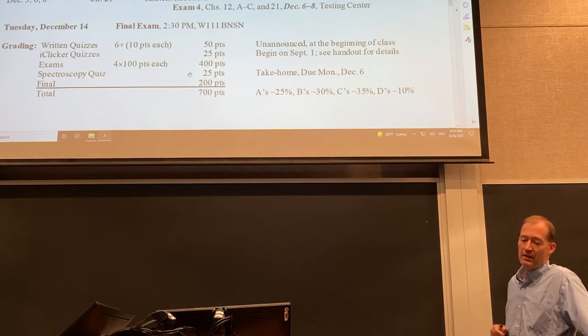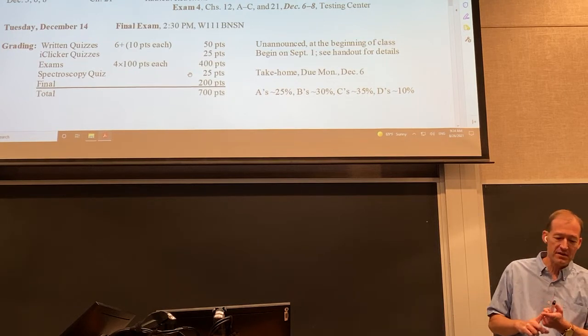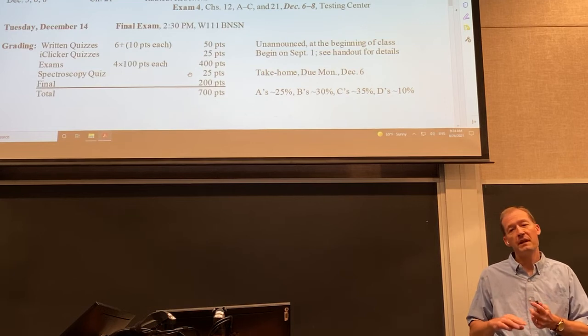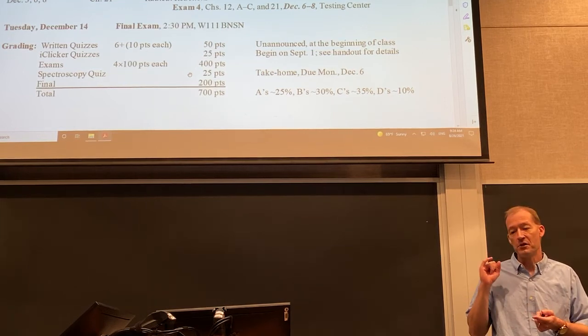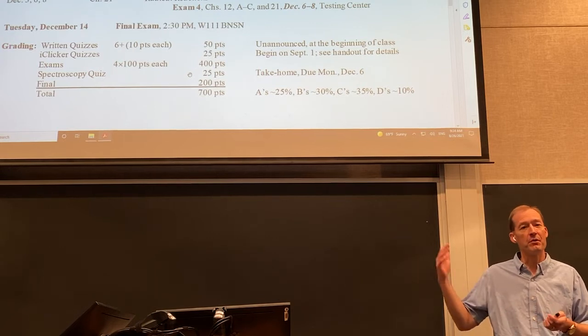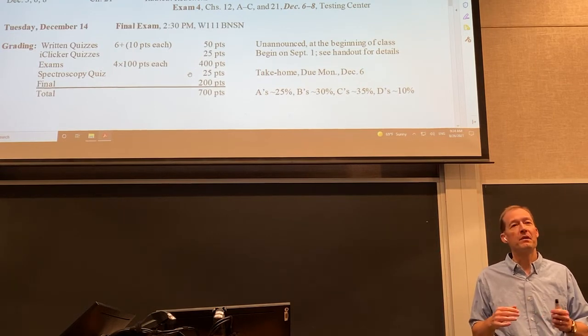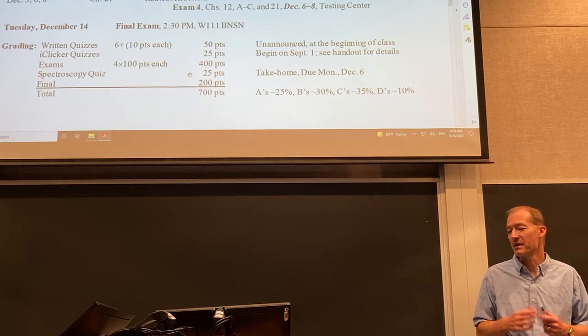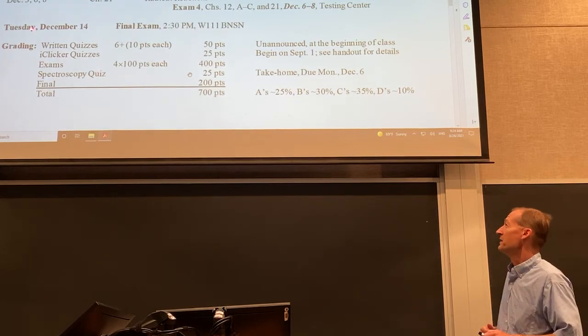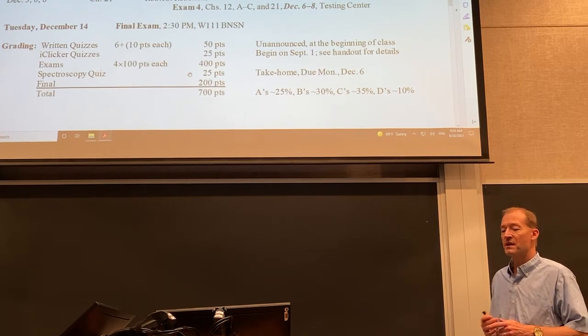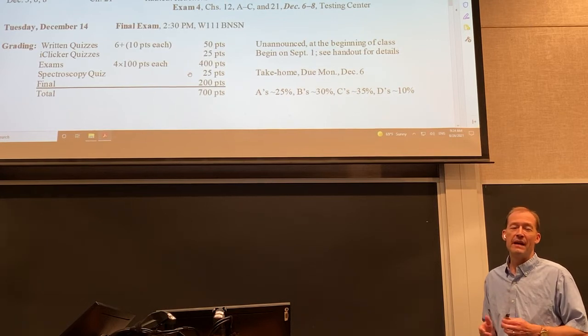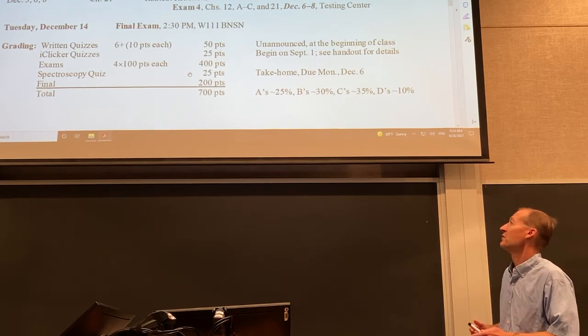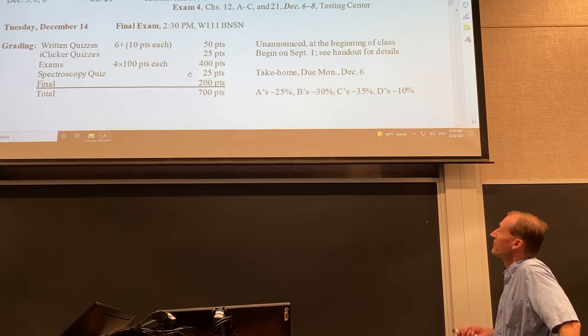If you are absent due to illness, required quarantines, personal or family emergencies, or university approved trips, then you are able to make up those quizzes. If your absence is not due to one of those things, then you would not be able to make up those quizzes. But by having extra quizzes, that can replace any occasional absences that you might have.